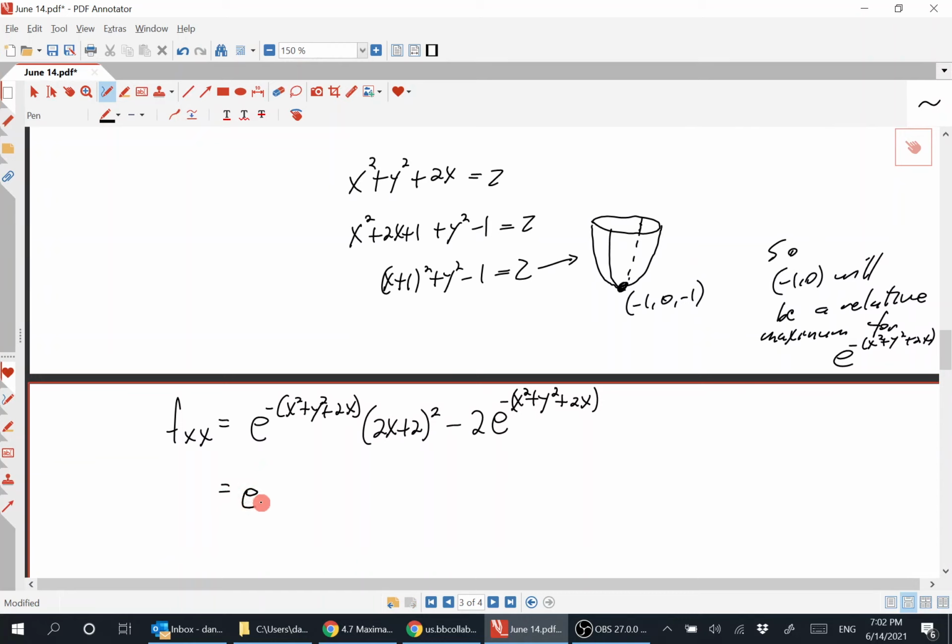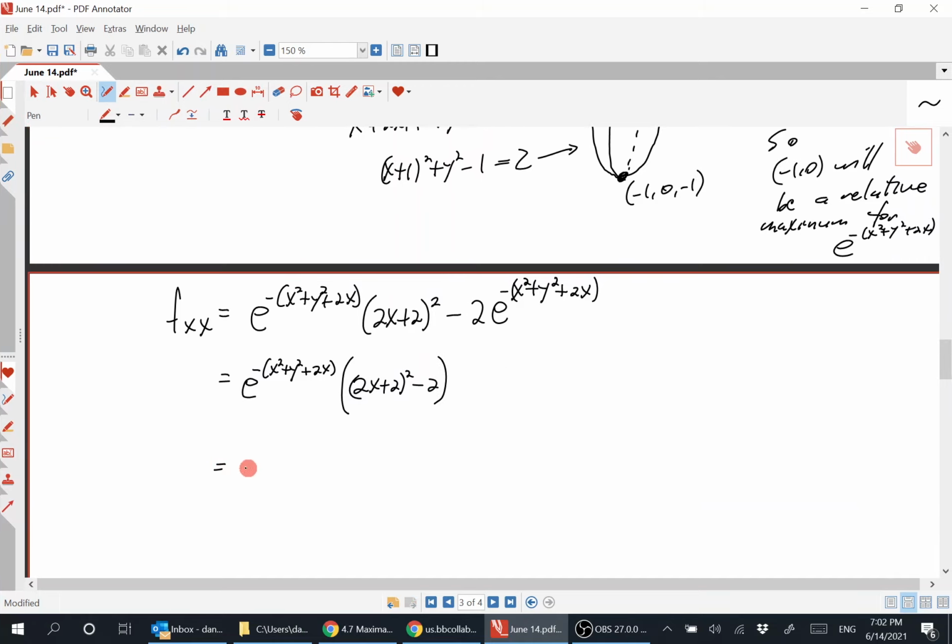So this is e to the minus (x squared plus y squared plus 2x) times (2x plus 2) quantity squared, minus 2. So that's 4x squared plus 8x plus 4 minus 2.